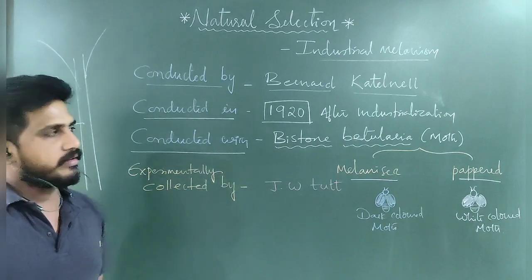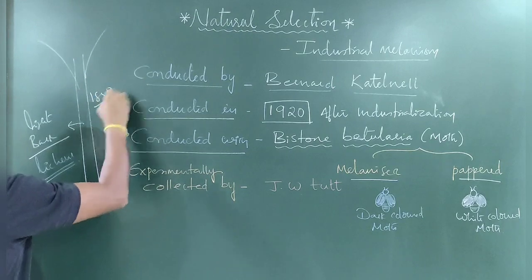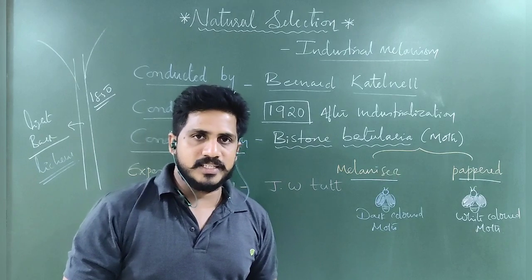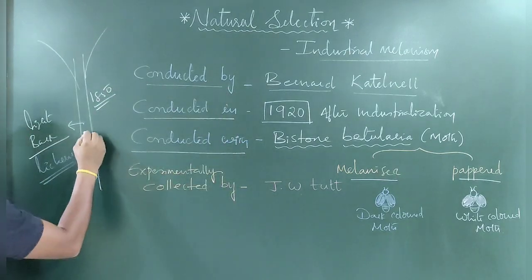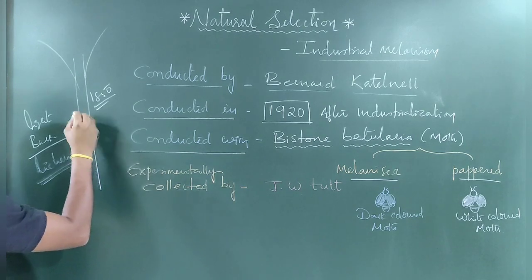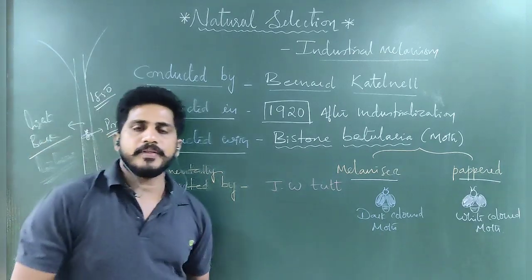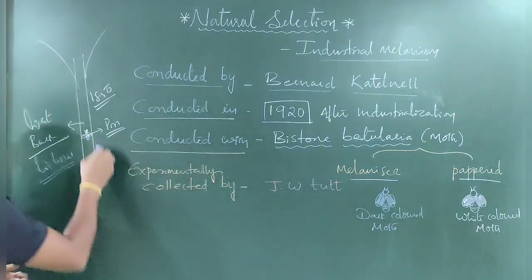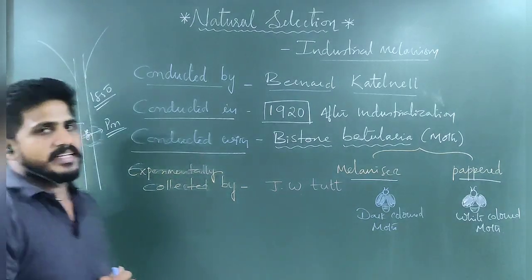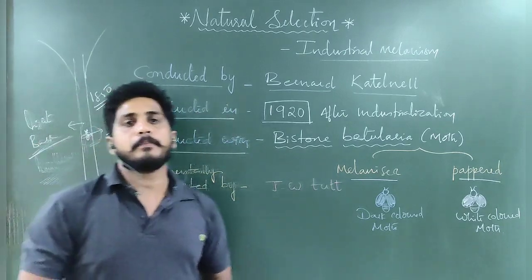What I am trying to convey here is that during the 1850s there was no pollution, so all the barks of the trees were light in color. On the light bark, peppered moths were present, not melanic moths. Why? Because of their white color on the light background, they do not appear easily, so they can escape from the predators.